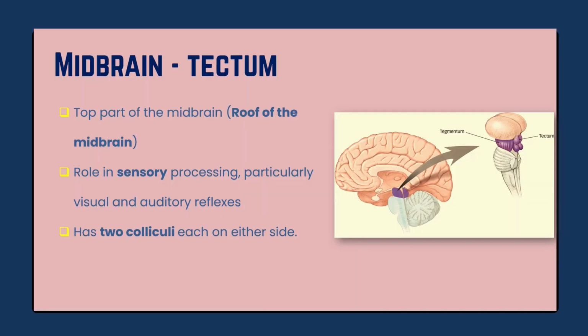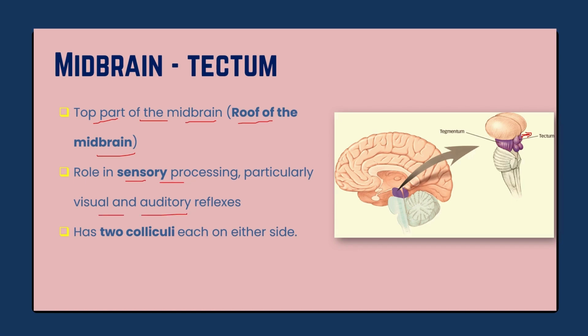What is the tectum? The tectum is the topmost part of the midbrain. It's also called the roof of the midbrain. You can see here, this is the midbrain and this is the topmost part, the tectum, which is the roof of the midbrain. What does it do? It has a role in sensory processing, particularly visual and auditory reflexes.